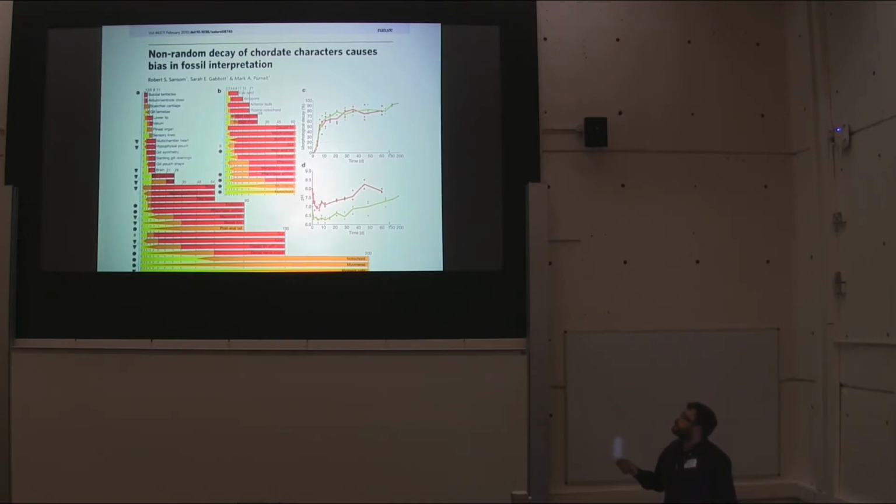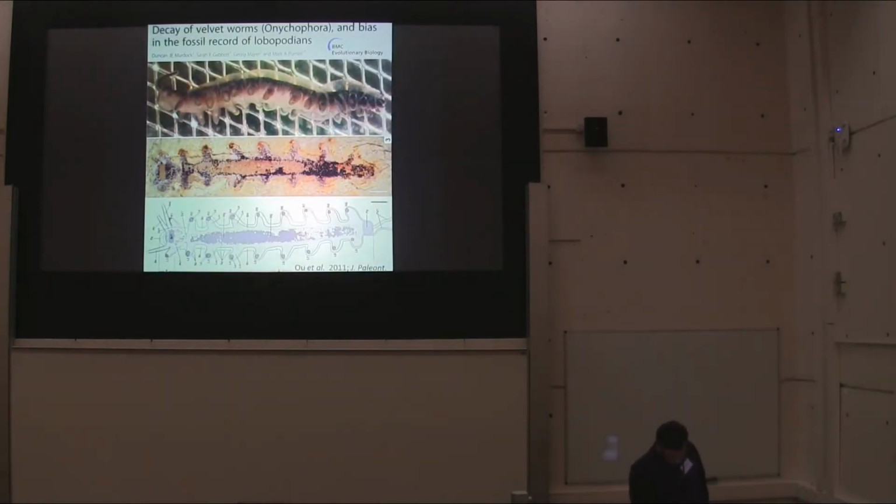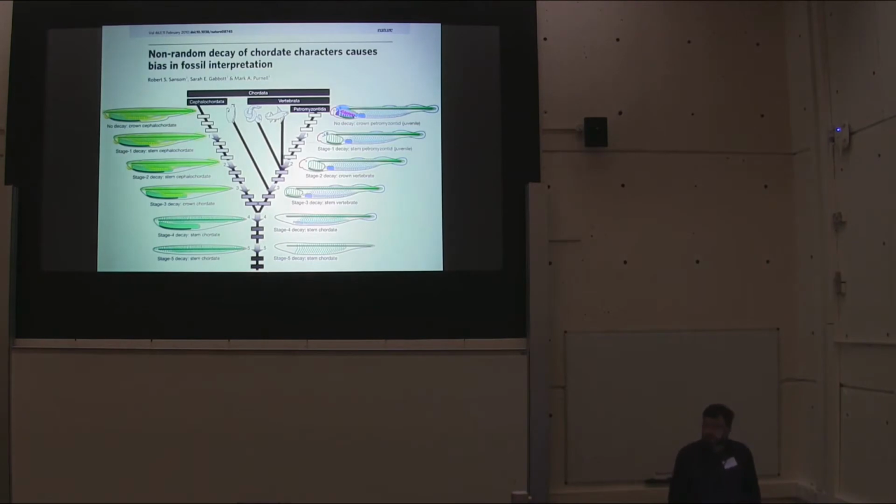characters. The first paper really was this one by Robert Sansom and colleagues. Now, the real power of this kind of approach is that we're able to answer fundamentally different questions, including, for example, assessing the relationship between decay and bias in phylogenetic reconstructions.